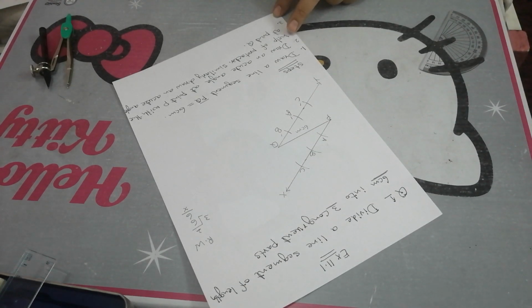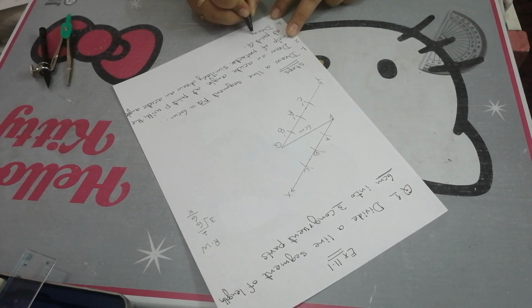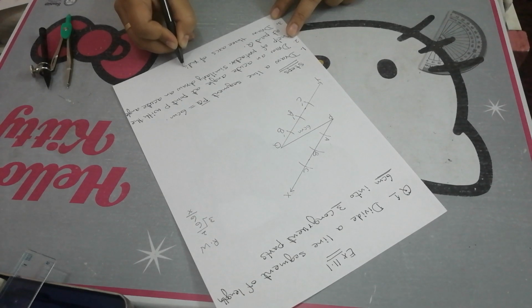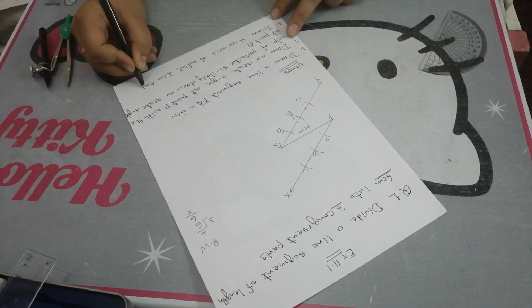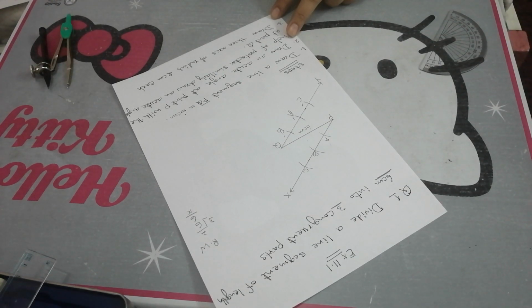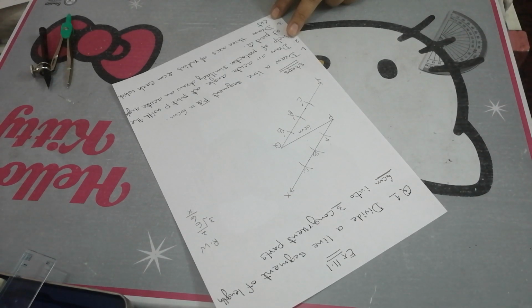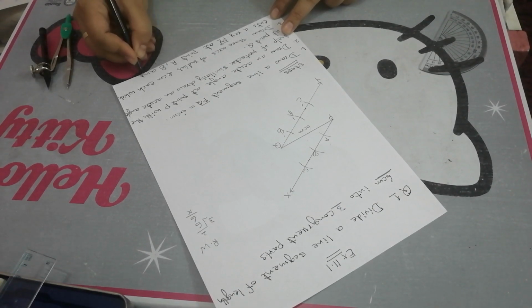The third step is: draw 3 arcs of radius 2 centimeter each, which cut ray PX at points A, B, and C.